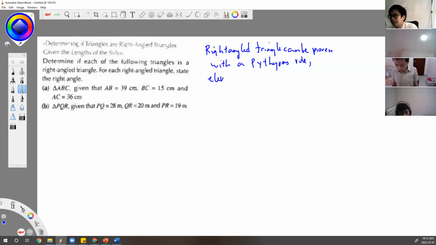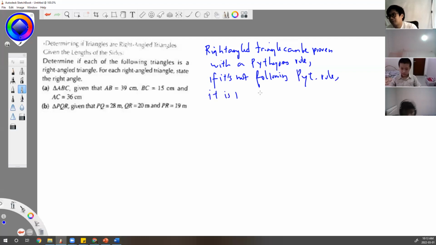Else, if it is not following the Pythagoras rule, it is not a right angle triangle. Okay, that's the way you need to memorize.